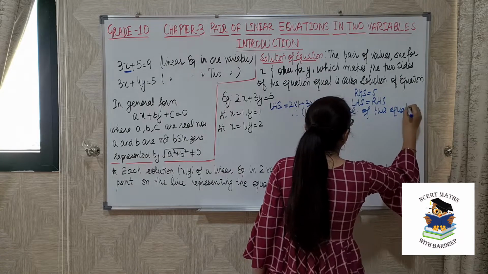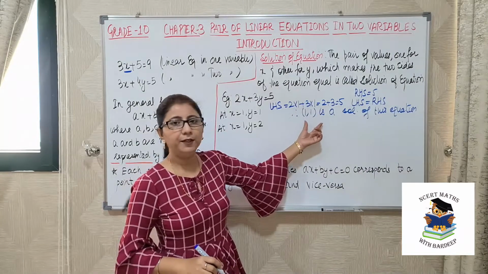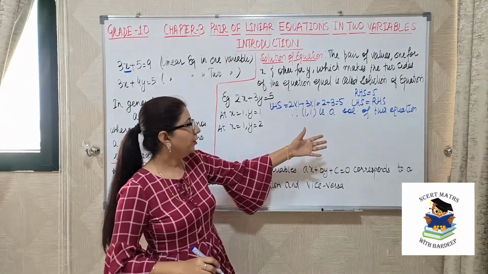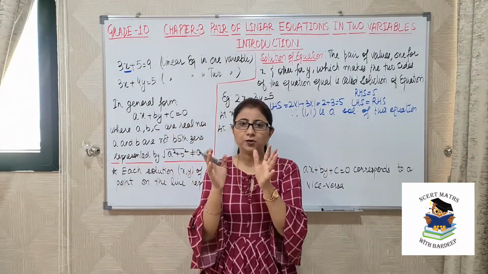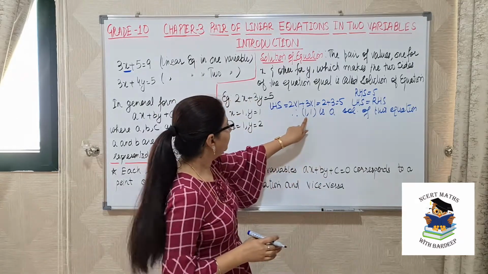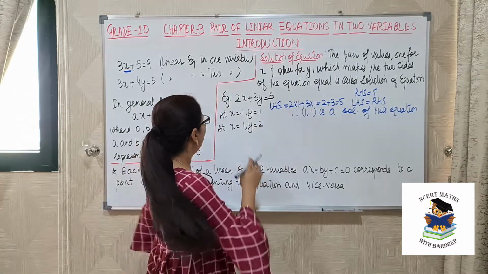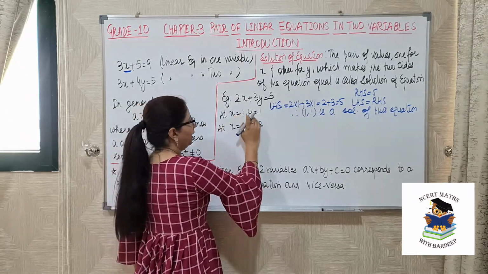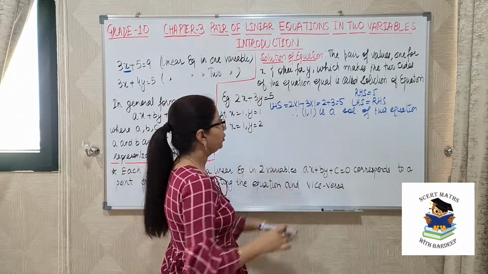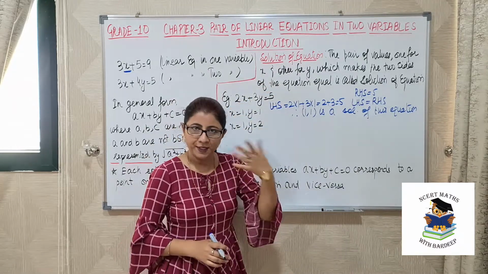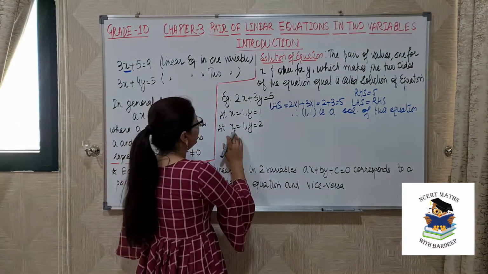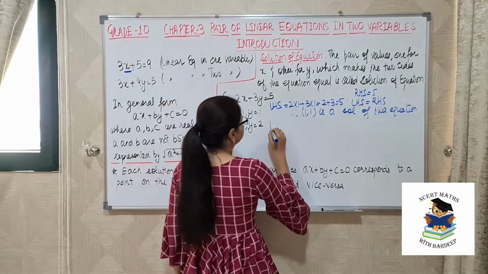See, here I have written it in pair form. As you already know, this is similar to the coordinates of a point. So the first value will always be of x and the second value will be of y, or you can write x equals to 1 and y equals to 1 is a solution of this equation. So let's try another one. So x as 1 and y as 2.